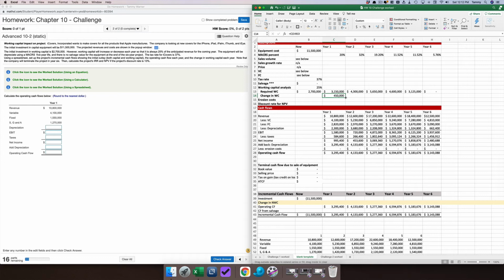And in year two, we needed $1.5 million more than what we started with. Right, so if these numbers are positive, if these changes are positive, if you need more working capital, then the cash flow is negative.